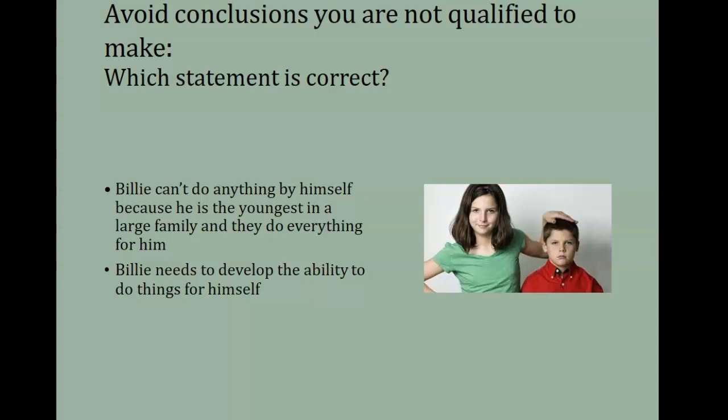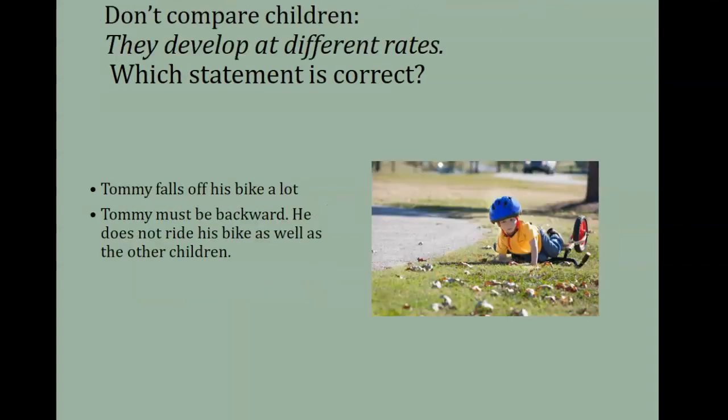So remember, when you're writing these observations, parents are going to read them. They should be able to read anything you write about their child. Take note of that. As a parent, I would much rather hear Billy needs to develop the ability to do things for himself, right? And then talk about ways to do that. That's the appropriate statement. Don't compare children. Dun, dun, dun.